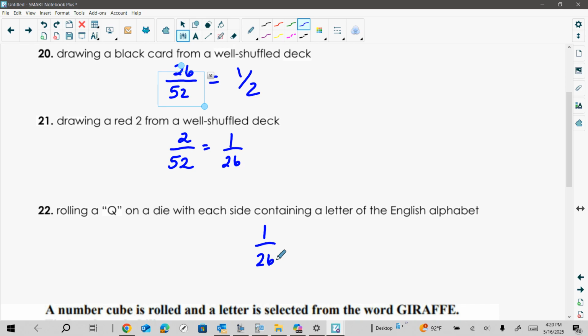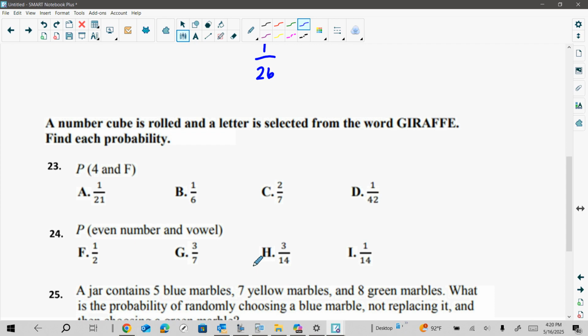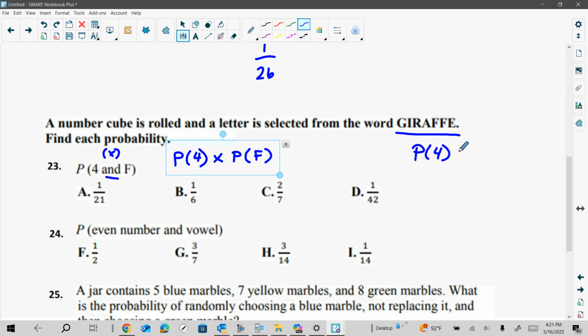All right, now this is when we're doing compound events. Anytime we see the word and, we're going to end up multiplying for each one. So this is saying the probability of getting a 4 times the probability of getting the F out of the word giraffe. So we have 4 times the probability of the F. The number cube of 4 is 1 out of 6.